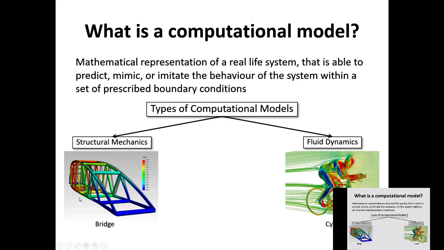You looked at the structure in terms of elements. So you used FEA or finite element methods to do a structural analysis on this bridge. But when you look at the airflow around the cyclist, you are looking at a fluid, so the behavior of fluid.